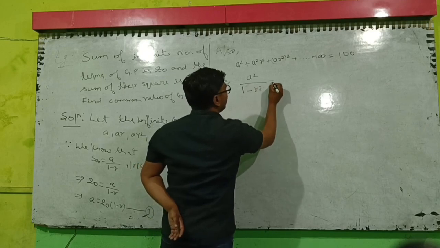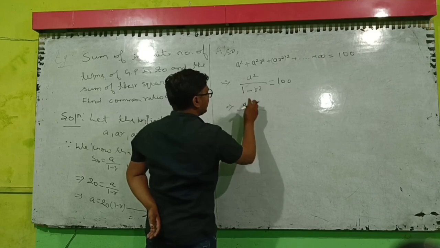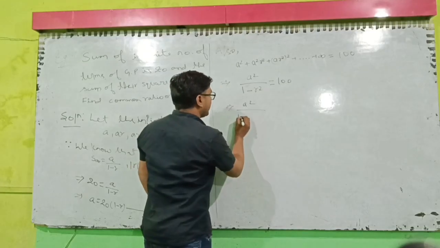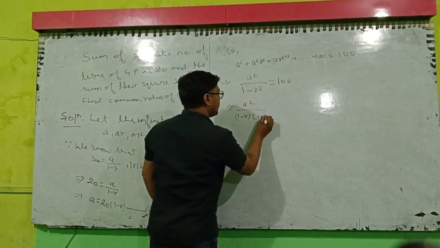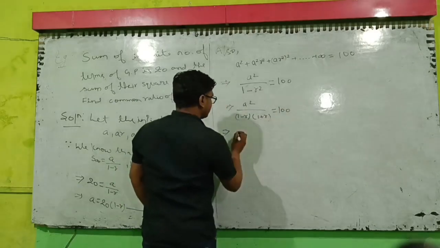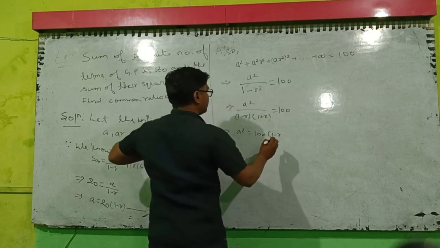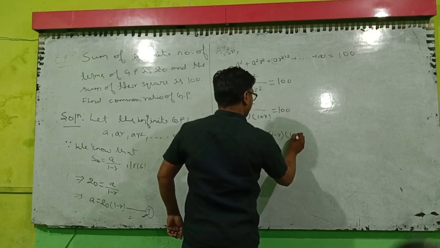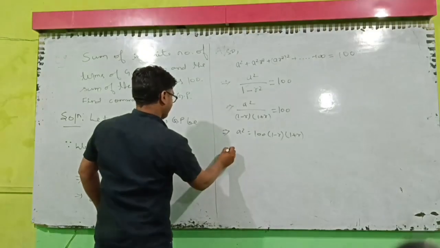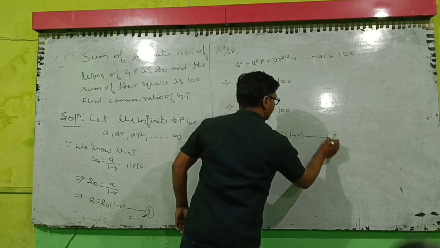So we get a square upon 1 minus r square equals 100. Here we use the formula a square minus b square is given by a minus b and a plus b. So 1 minus r, 1 plus r equals 100. By cross multiplying, we get a square equals 100, 1 minus r, 1 plus r.